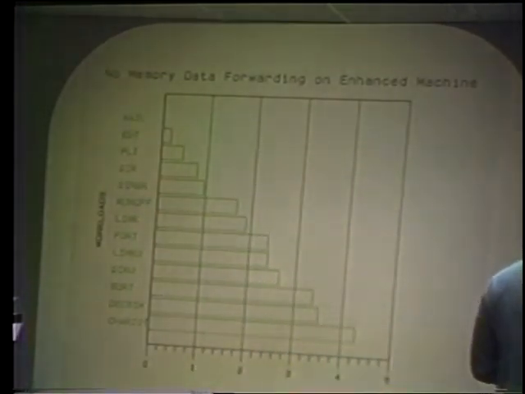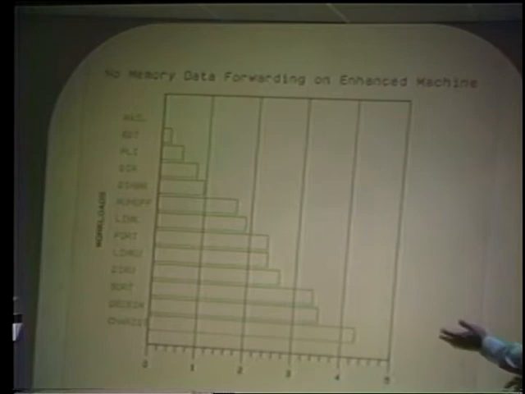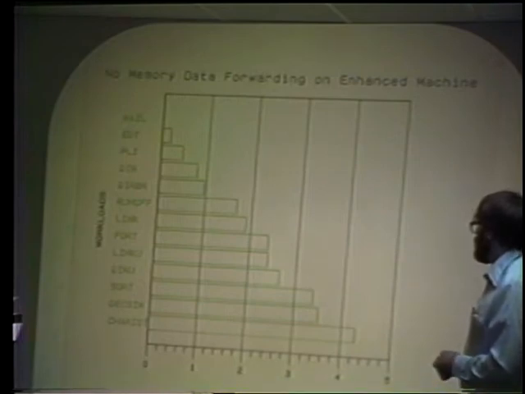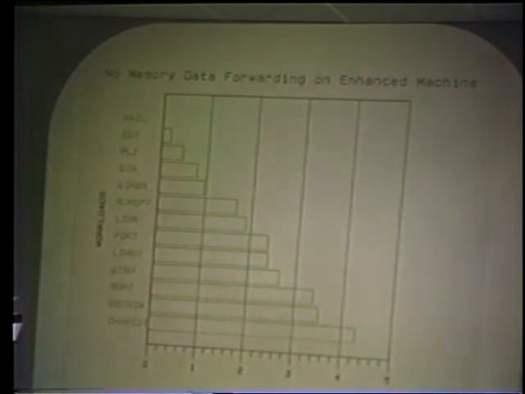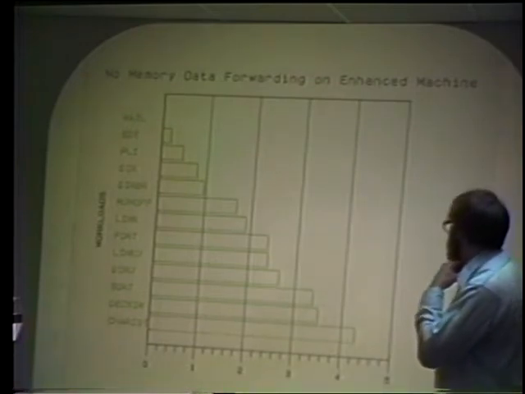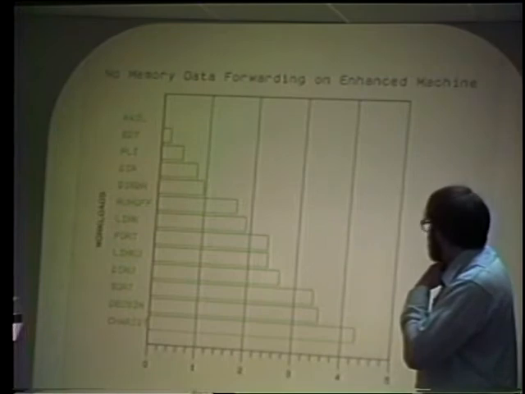And this is another piece of complexity which disappears. Memory data forwarding. If you run the enhanced machine, which has all the options enabled, and then you disable memory data forwarding and see what the performance loss is by not having it, this is a performance reduction percentage. It varies for male, from 0% to 4 and a fraction for chariot.